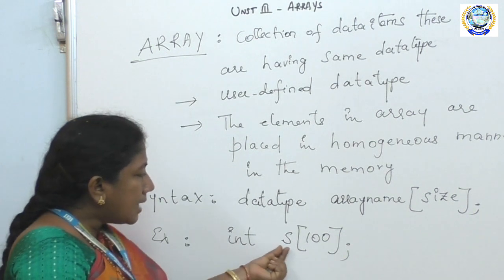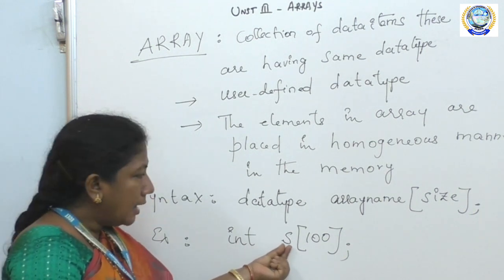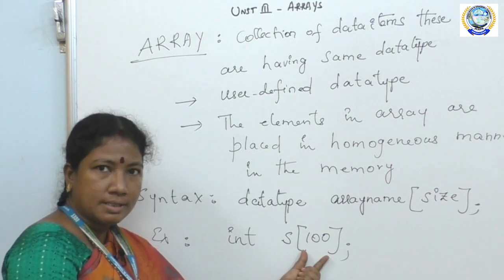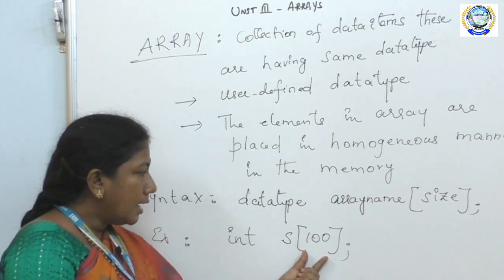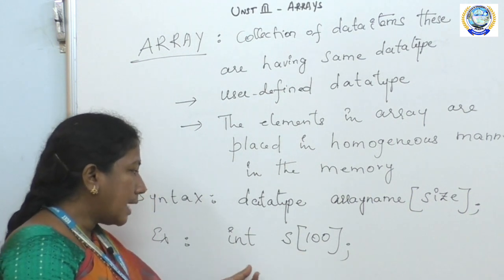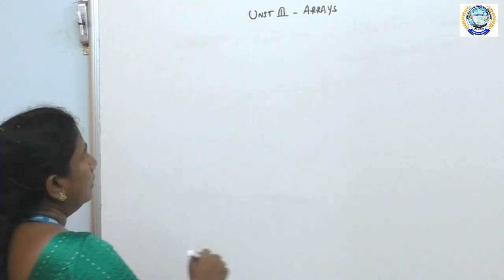Here s is the array name and 100 is the number of students roll numbers we will take, and those roll numbers are all under the same data type integer.